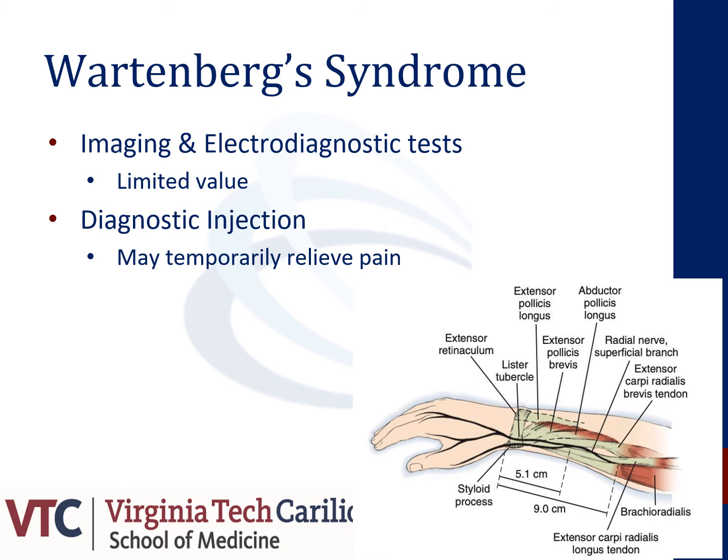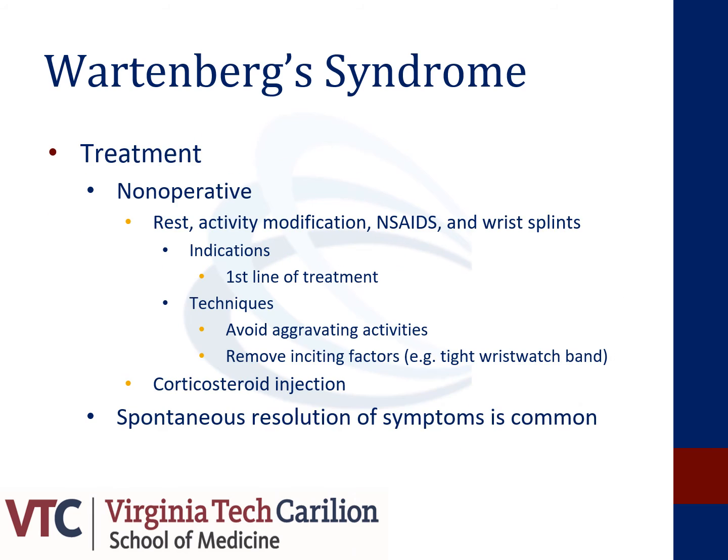One can also perform a diagnostic injection, and this may provide the patient with temporary relief. As is the theme today, the first line of treatment is non-operative management in the form of rest, activity modification, splinting, and NSAIDs. The goal is to avoid aggravating activities and to remove inciting factors.